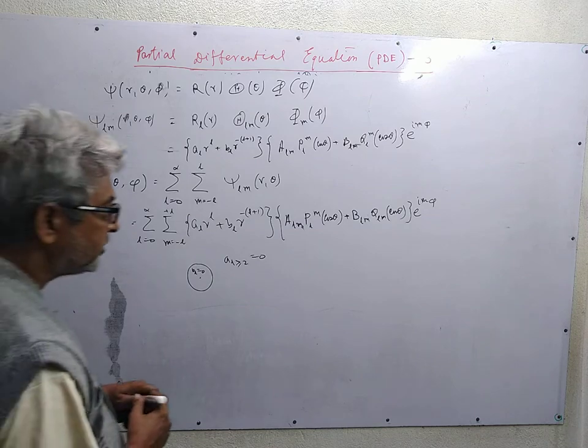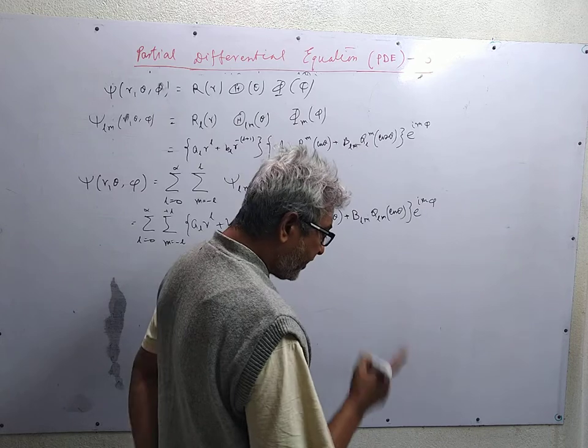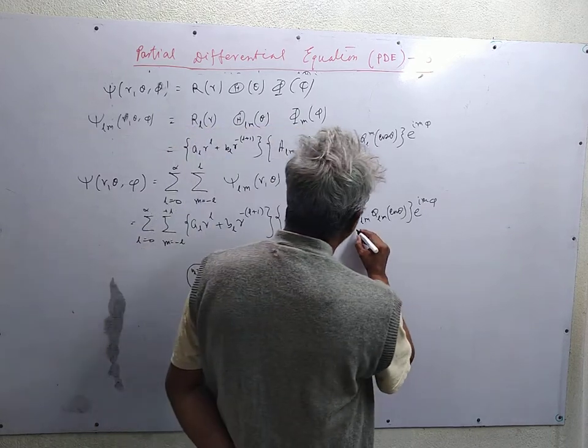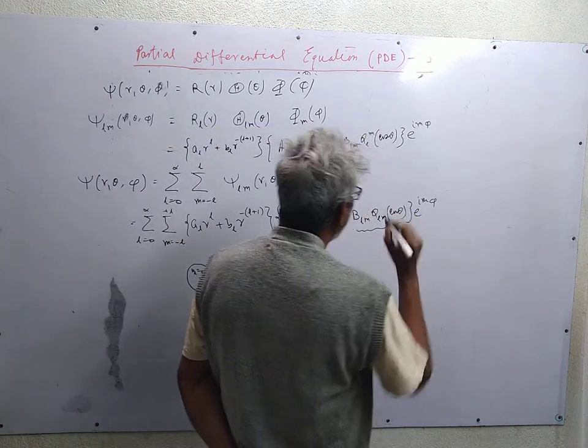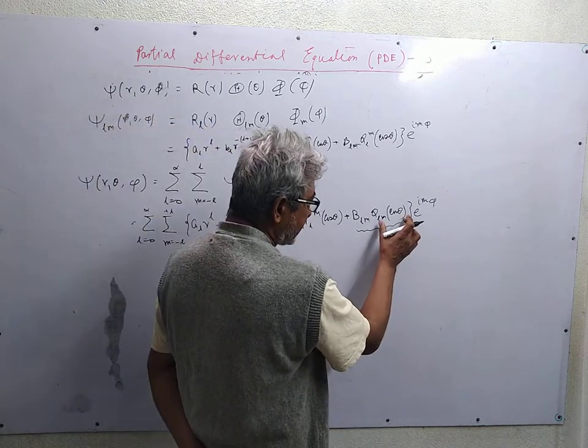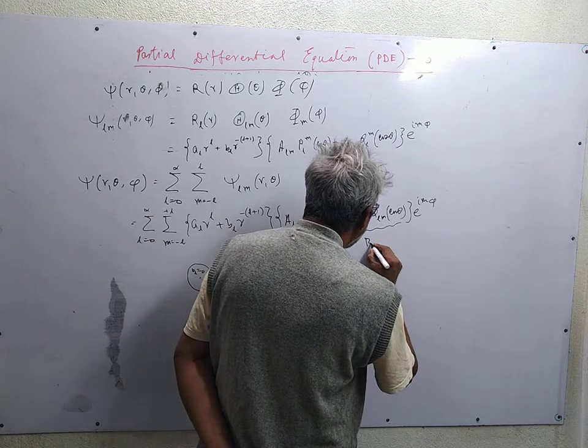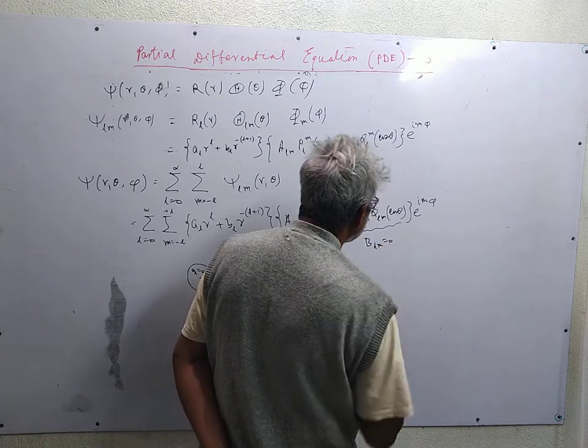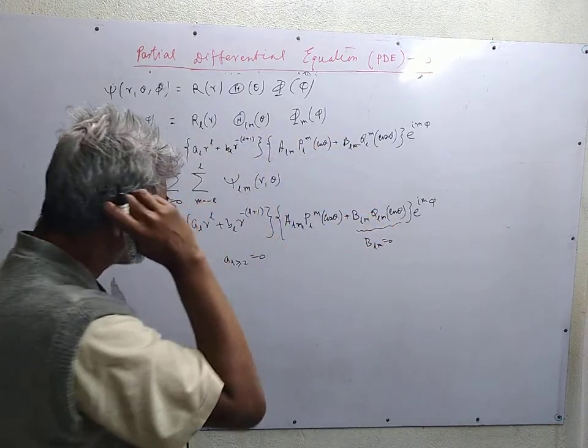Now coming to this part, if we have the z-axis as a point on the system, z-axis is included in the system, then this part has a divergence. So we said BLM is equal to 0, which is the most common situation.